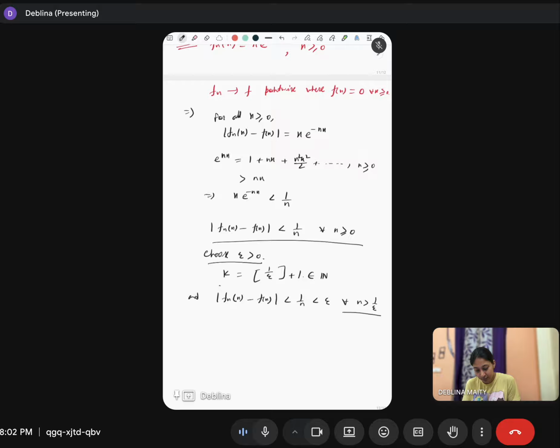So that's why we have chosen k to be the floor of 1 by epsilon plus 1.